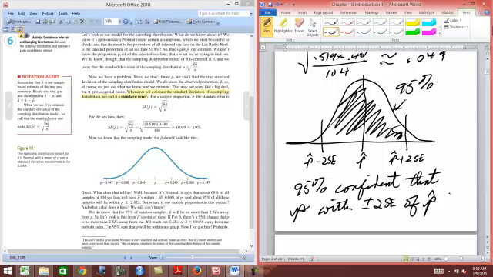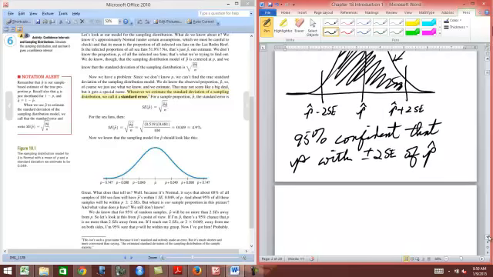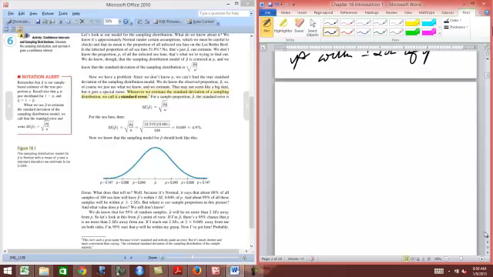Now, why can we say this? If the sample is representative, then p hat is drawn to p because it's a representative sample. It's going to reflect p.